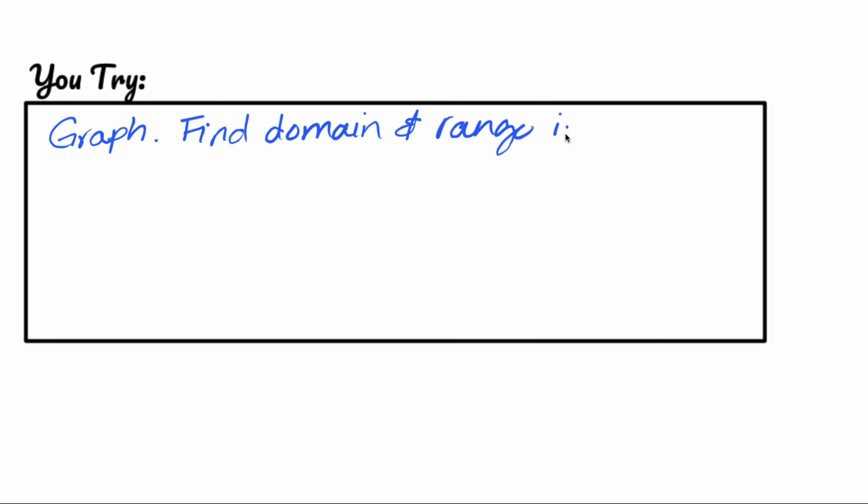All right. For you, I want you to use graphing technology, a graphing calculator or Desmos, and graph those and find the domain and range and write it in interval notation.